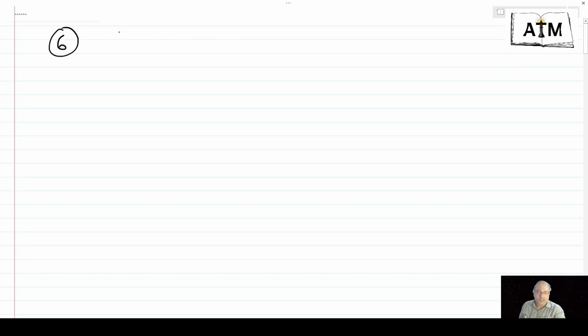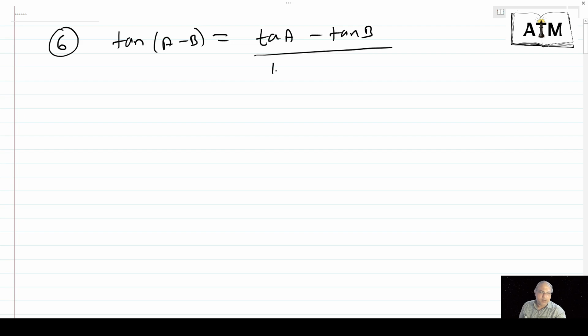Now the last one is tan of A minus B equals tan A minus tan B upon 1 plus tan A tan B. Suppose you wish to find tan 15 degrees.